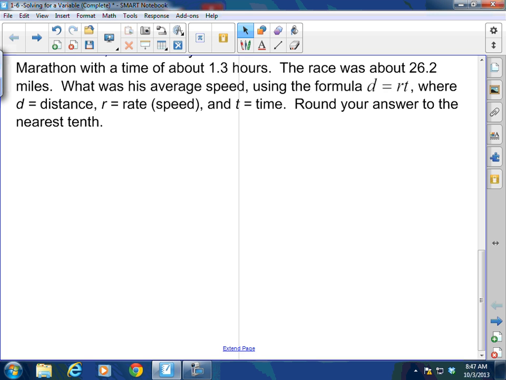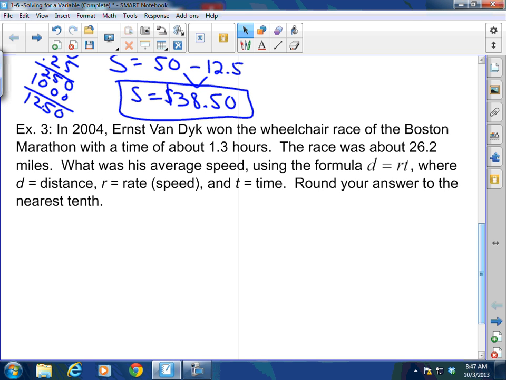In 2004, Ernst van Dijk won the wheelchair race of the Boston Marathon with a time of about 1.3 hours. The race was about 26.2 miles.